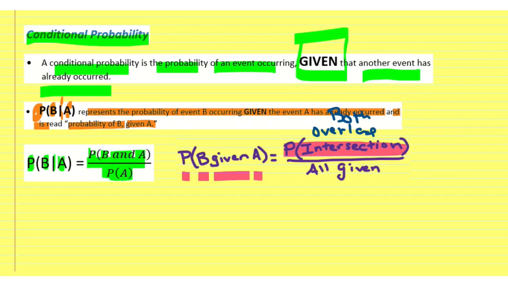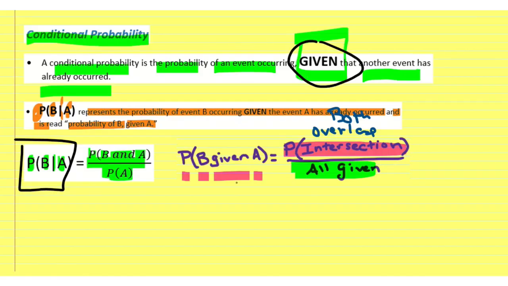And then that is divided by all of the given. So this is going to help you remember how to deal with conditional probabilities where something is given. The probability of B given A is equal to the probability of both of them happening at the same time divided by all of the given event.